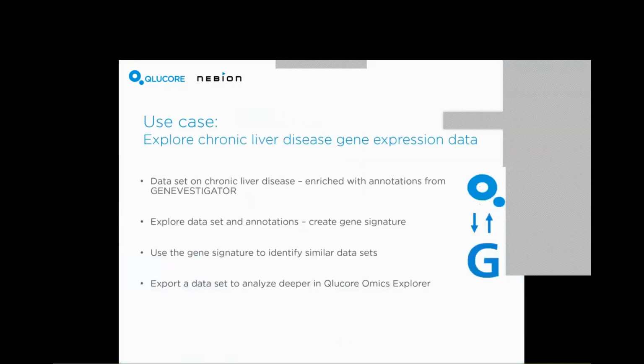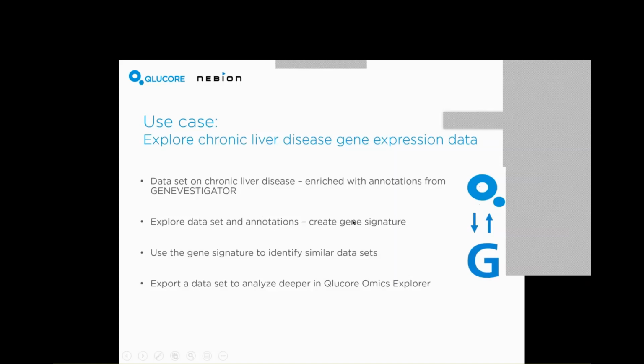In the use case that we will show today, we will explore chronic liver disease gene expression data. We will use a data set that has been enriched with annotations from Genevestigator and exported as a G-data file, which is Qlucore's internal data format. We import it in Qlucore, where we explore, visualize and analyze the data set with the annotations, and at the end we create a gene signature.